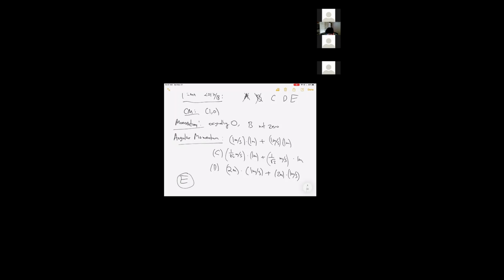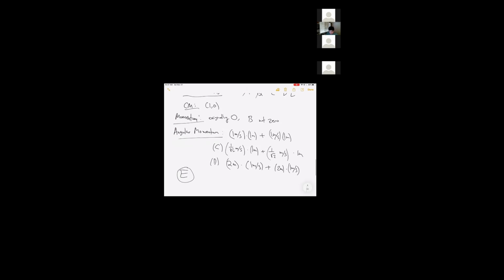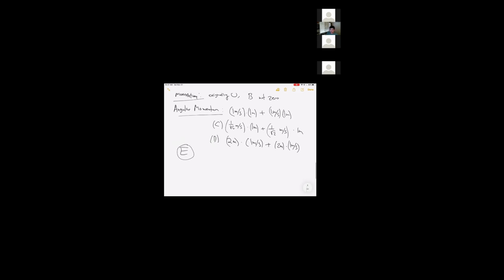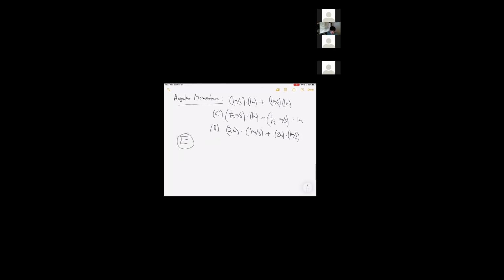All right, could you go over how angular momentum is conserved in E? Yeah. Also, one implicit fact I'm using about angular momentum here is an alternative way to calculate it. Obviously, r cross v, so rv sine theta, is the standard way. But let's say you have v here and you have r here.